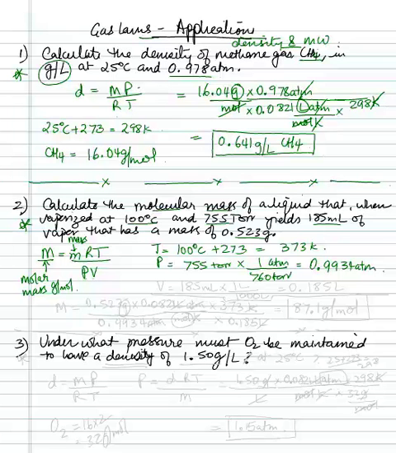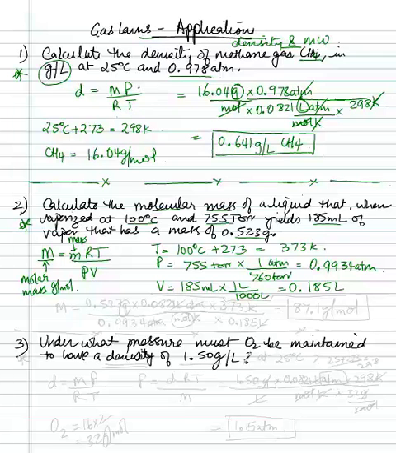Volume is going to be 185 milliliters times 1 liter divided by 1,000, which is 0.185 liters. All right, I think we're ready now.